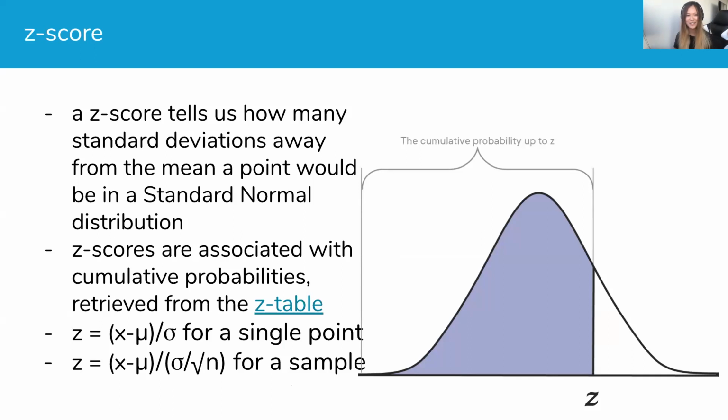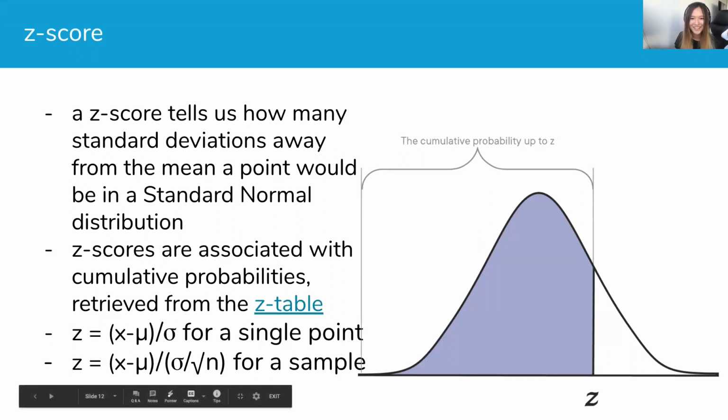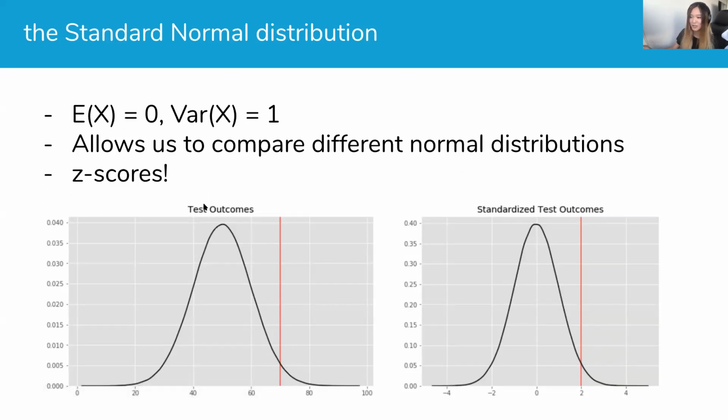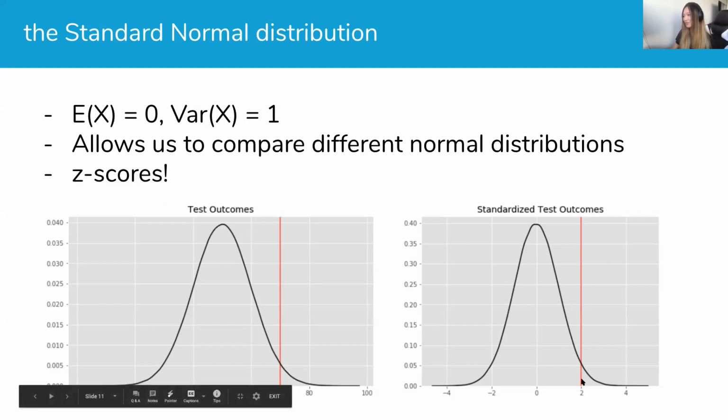Does anyone need me to repeat that? All right. So you can use this formula, x minus mu divided by sigma, to convert any point from here to its equivalent value here. So for this point of 70, you would take 70 minus 50, which is 20, divide it by its standard deviation of 10, and it'll give you 2.